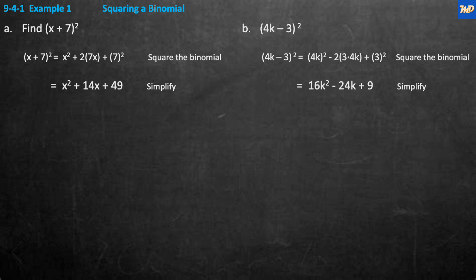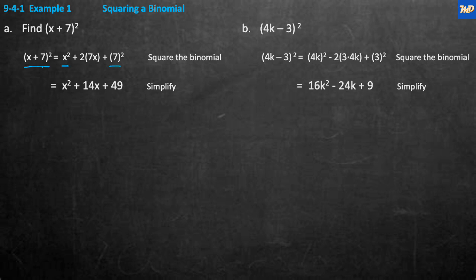Okay, example 1, squaring a binomial. Find the quantity x plus 7 squared. I'm going to rewrite the binomial and then I can immediately start converting it. I know the first term, x, is x squared. I know the last term, 7, is 7 squared.